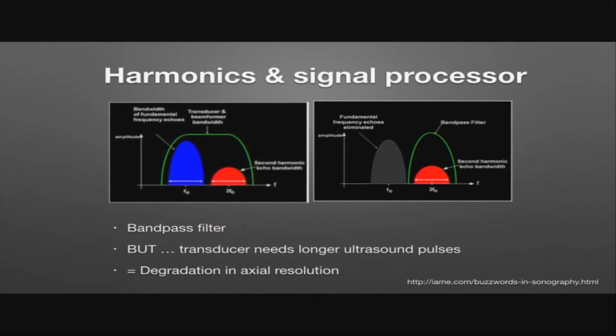So this is done with band pass filtering. Okay, so if you're producing that fundamental frequency, you can see there in blue, and the harmonics that are produced, and you're picking those up, and those are in red. If you were to do band pass filtering, you can eliminate that fundamental frequency and just concentrate on that second harmonic. And this will be important as we'll go on to discuss in just a second.